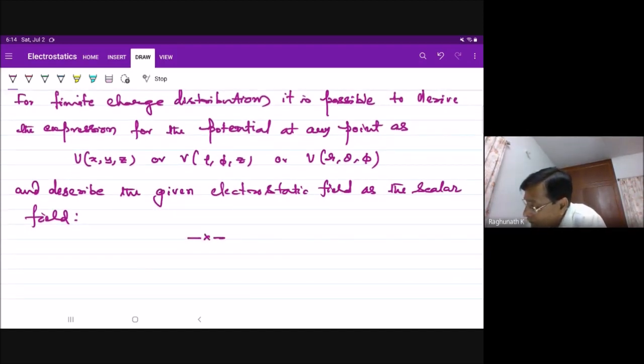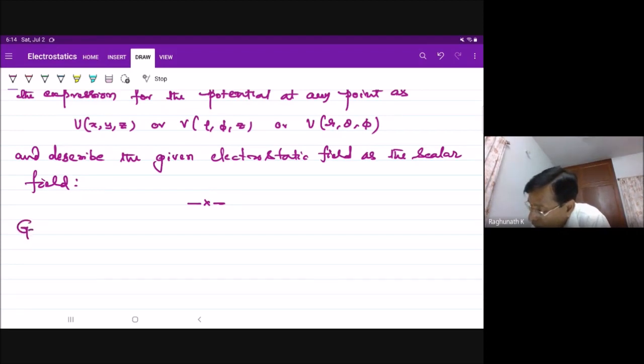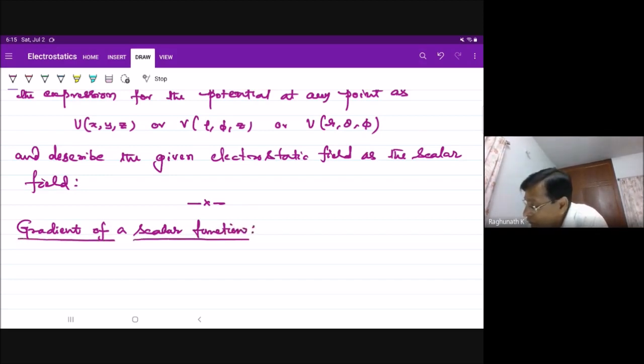Now the discussion is gradient of a scalar function, of the spatial coordinates, for the sake of development, function of x, y, z in general. Scalar function. Now listen.